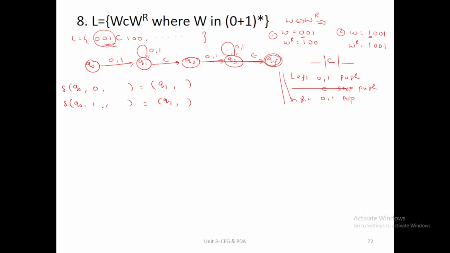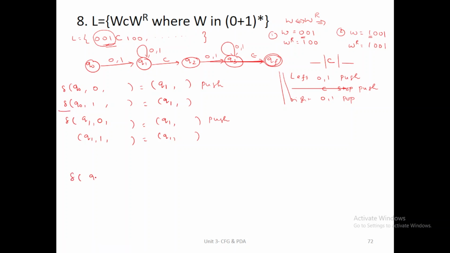So these are all on the left side of C, so you should use the push operation here. And the next notation is Q1 with the symbol 0 or Q1 with the symbol 1. It stays in the same state. This will also be a push operation. Okay, this is for one sequence.